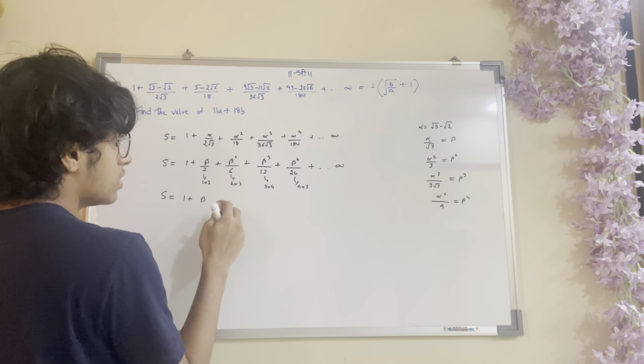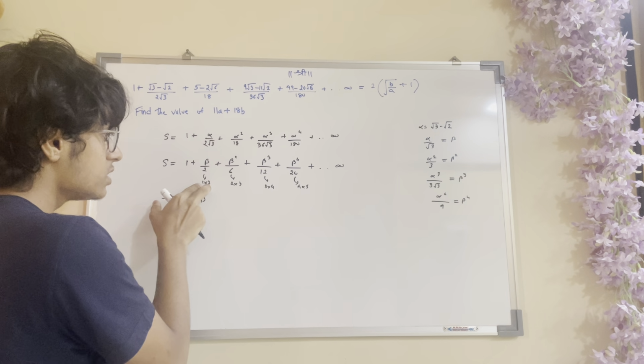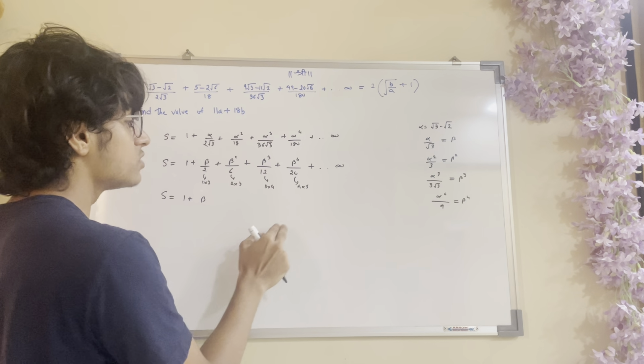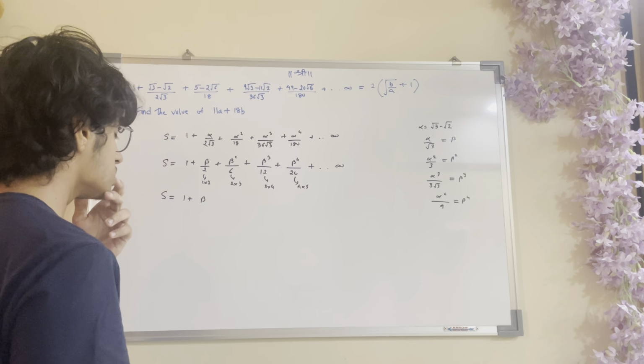The one more thing we can see is the difference between these two terms: for 1 into 2 it is 2 minus 1, which is 1; 3 minus 2 is 1, 4 minus 3 is 1, 5 minus 4 is 1. So we can see a telescoping series going on here.